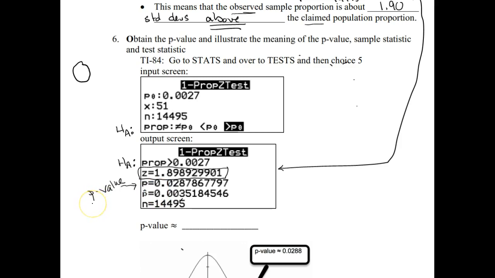On the picture, it's going to be our tail probability. It is not the value of p from the hypothesis. Here's our p hat, the number we computed earlier when we took x divided by n, and our sample size is given there as well. Our p-value, rounded to 4 decimal places, is about 0.0288.